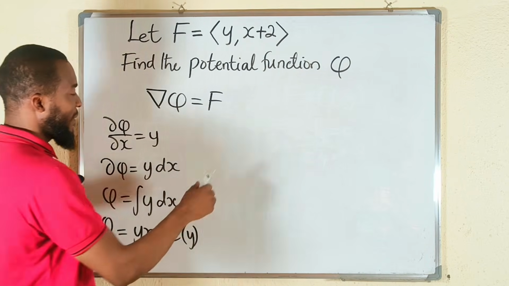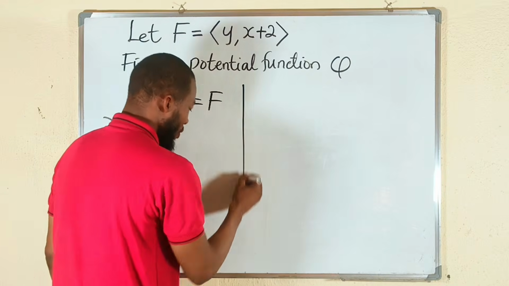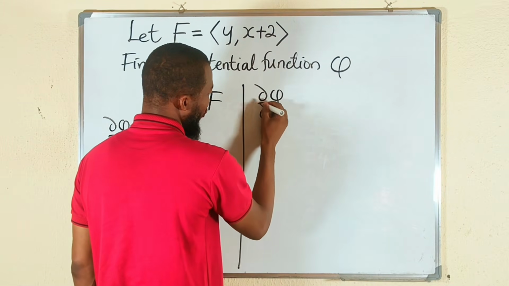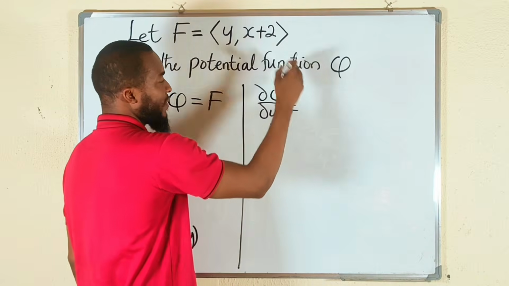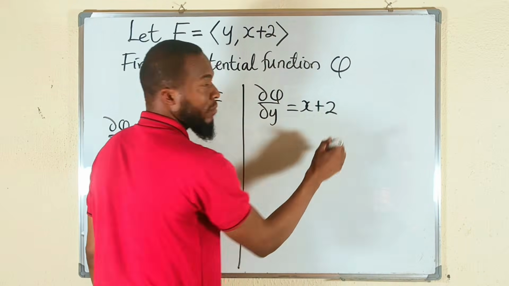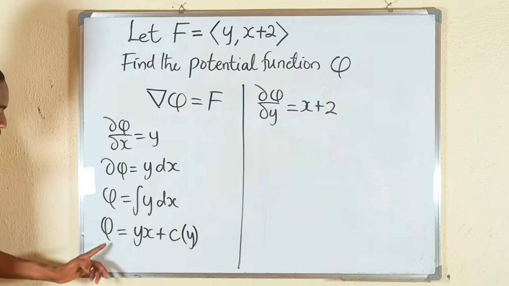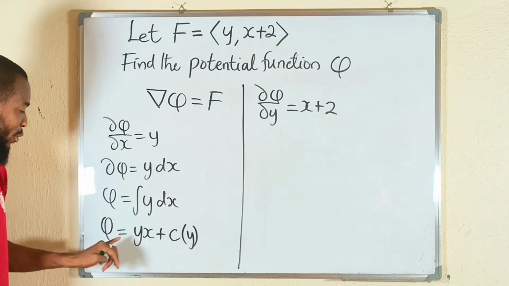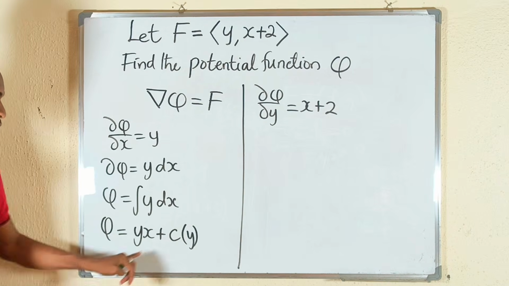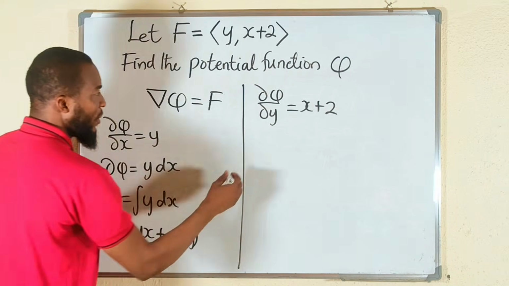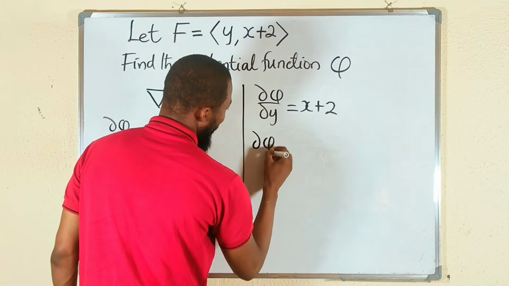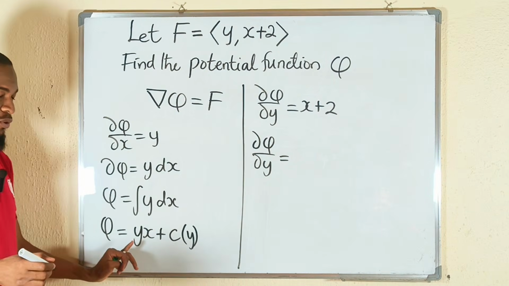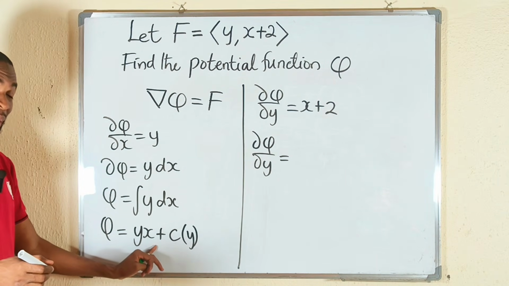And remember that the derivative of that potential function with respect to y will give us this x plus 2, right? Therefore, we can differentiate this with respect to y and equate it to this. So del phi del y: we are differentiating y, keeping x as constant.